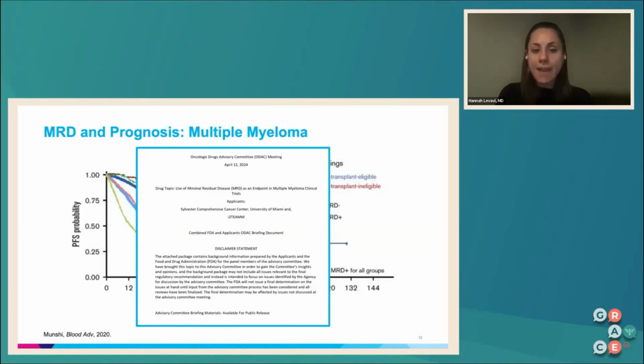The FDA has very strict criteria for the types of benefits a drug might have that could lead to approval. And now, because of all of this research for multiple myeloma, MRD alone can be a reason to approve a drug because we know that it is a surrogate, a kind of stand-in for these other meaningful benefits to patients like progression-free survival and overall survival.